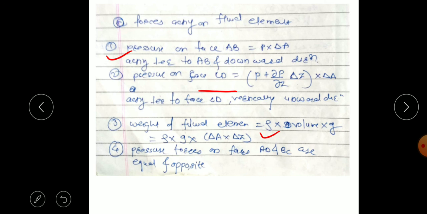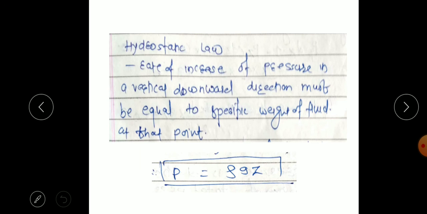The volume of this fluid element will be the area into delta Z, and the forces on AD and BC are equal and opposite, so they cancel. So from that the hydrostatic law is developed. It states that the rate of increase of pressure in the vertical downward direction is equal to the specific weight of the fluid at that point.